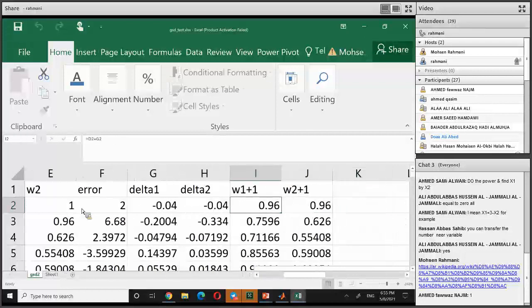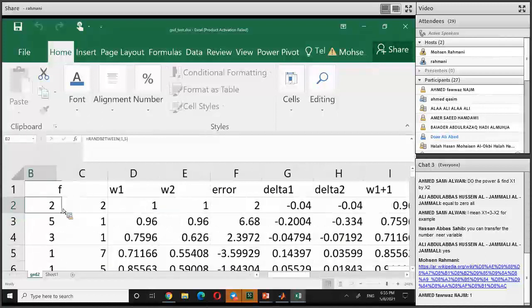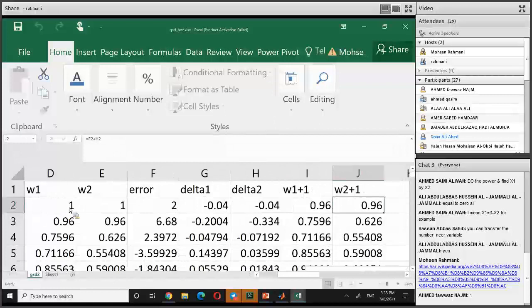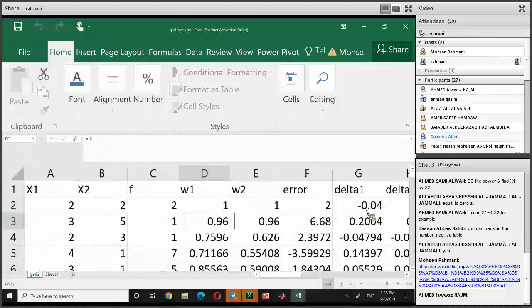If I add delta 1 to W1, I can say that this is W1 in the next step. And the same for W2: W2 for the next step is the summation of W2 and delta 2.